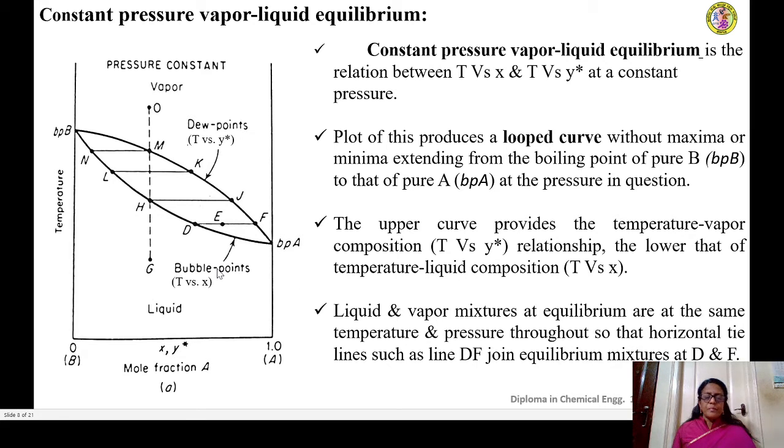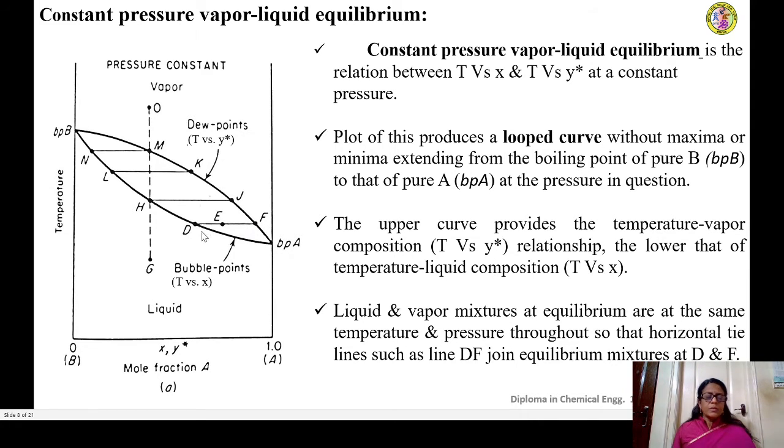Liquid and vapor mixtures at equilibrium are at the same temperature and pressure throughout, so horizontal tie lines join equilibrium mixtures at the lower and upper curves respectively. For example, if you take the line DF, this is a tie line that joins the equilibrium liquid mixture at D and the equilibrium vapor mixture at F.